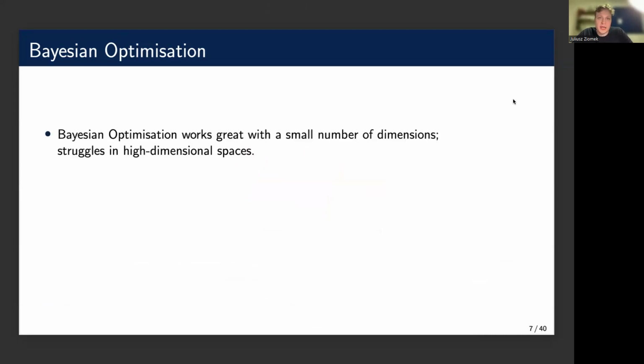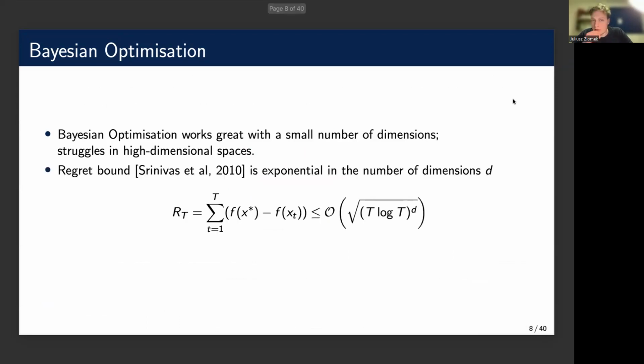This works great with a small number of dimensions, but as we transition to high dimensional spaces, it starts to struggle. One of the reasons for that is a well-known regret bound. Regret is the sum of the differences between the function values at the points we query and the optimal function value.